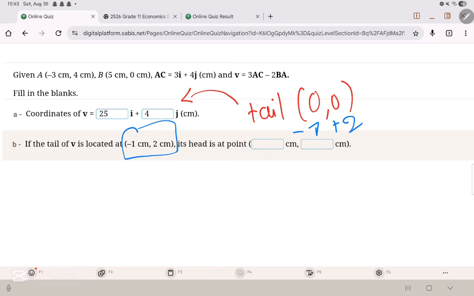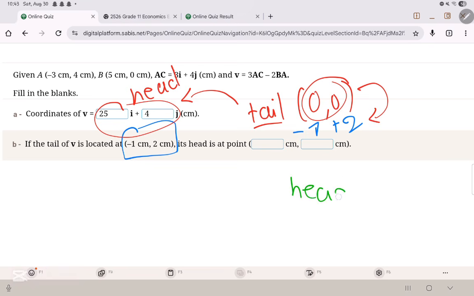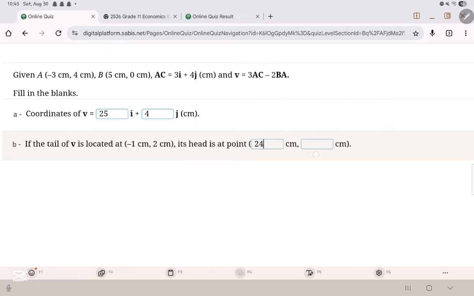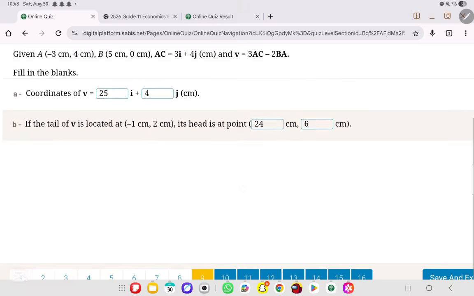Very simply, what will we do to the head then? Because they are collinear, they're on the same line, and they will move if the line moves as well. So to the head, which is 25, 4, we will subtract 1 and add 2. So it's going to be 24 and 6.